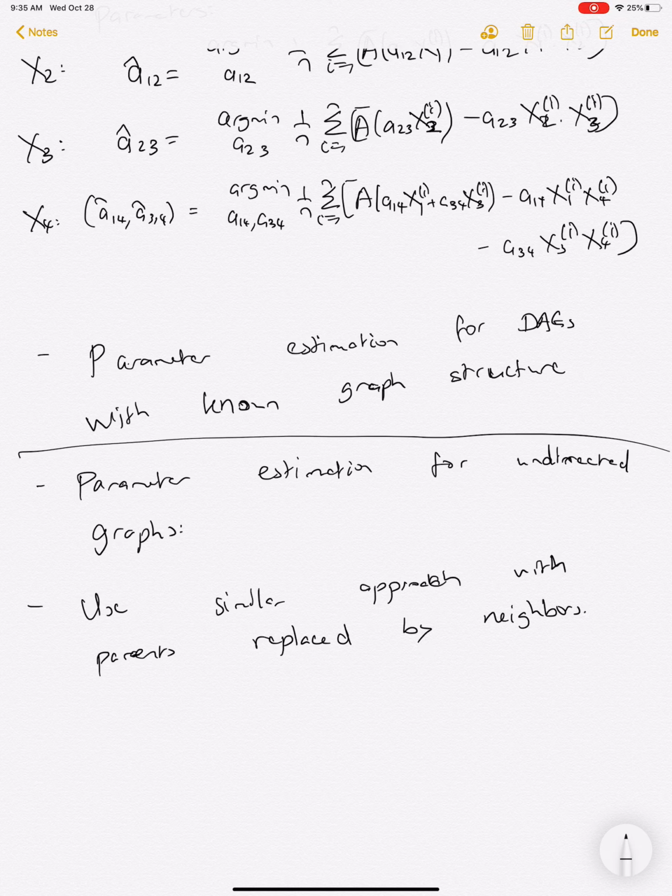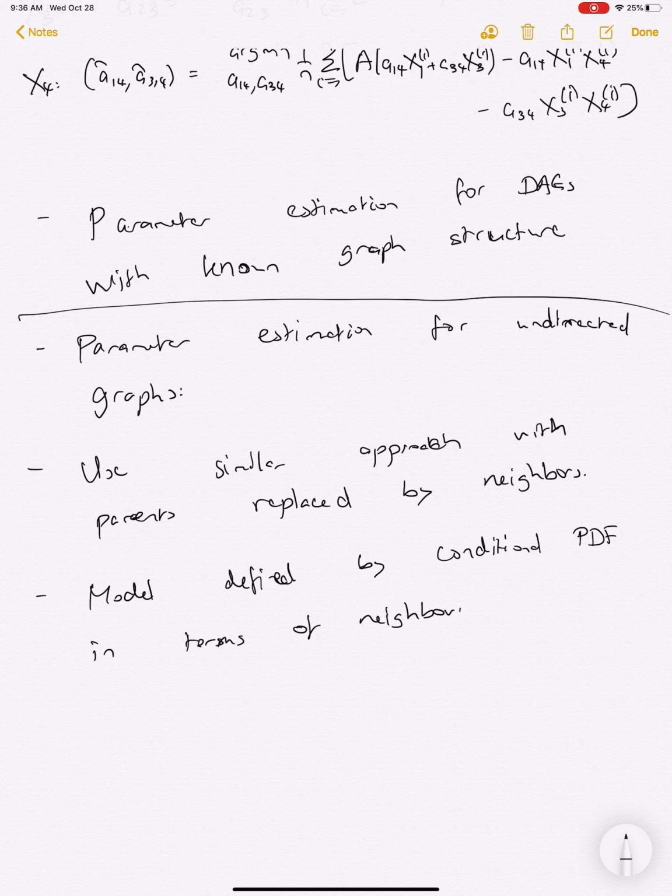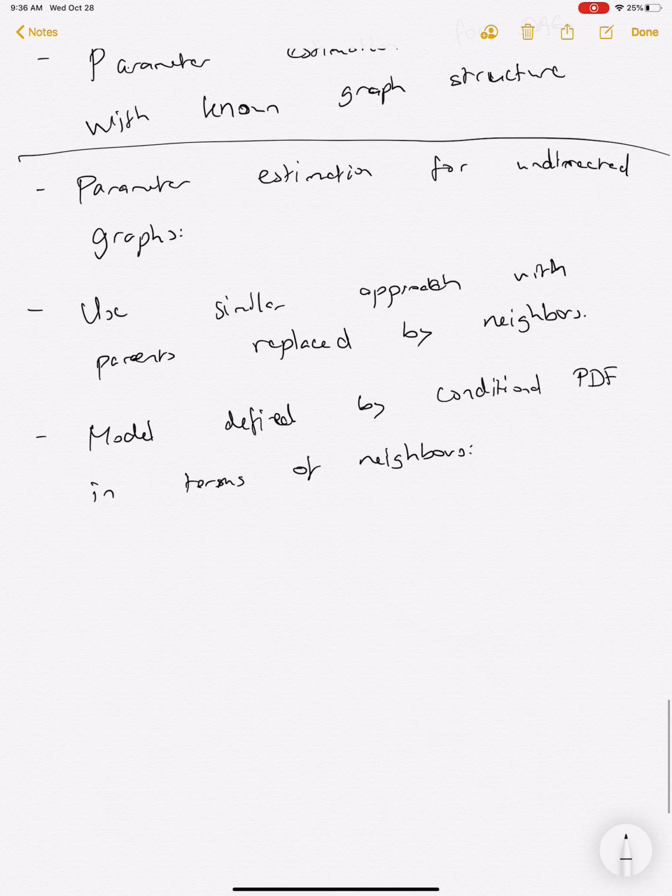So once again we're assuming a model defined by a conditional PDF in terms of the neighbors. So we have that, fj of xj given x neighbors of xj.